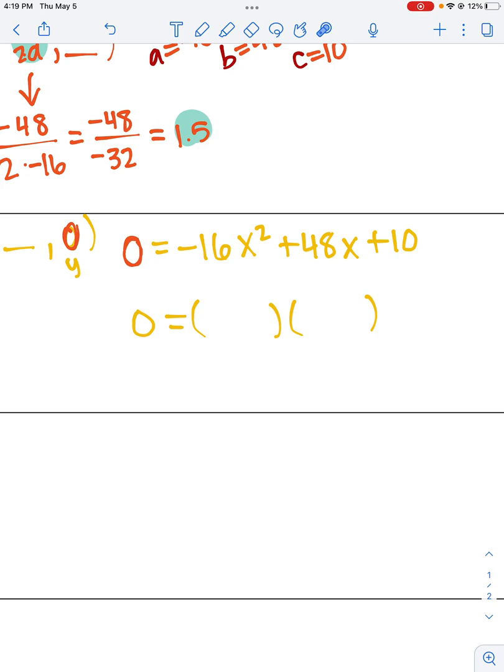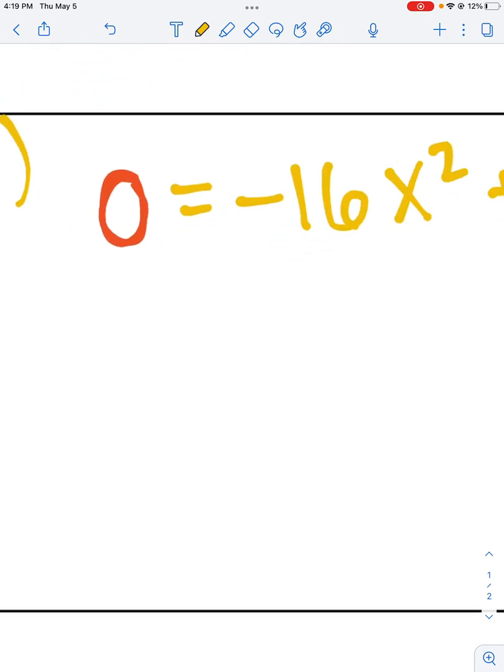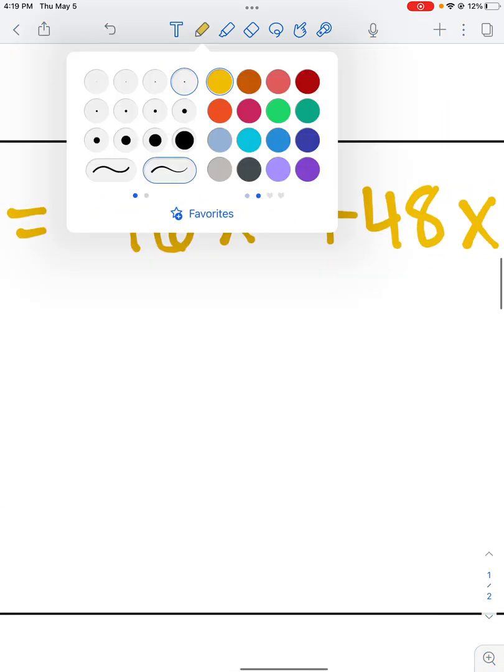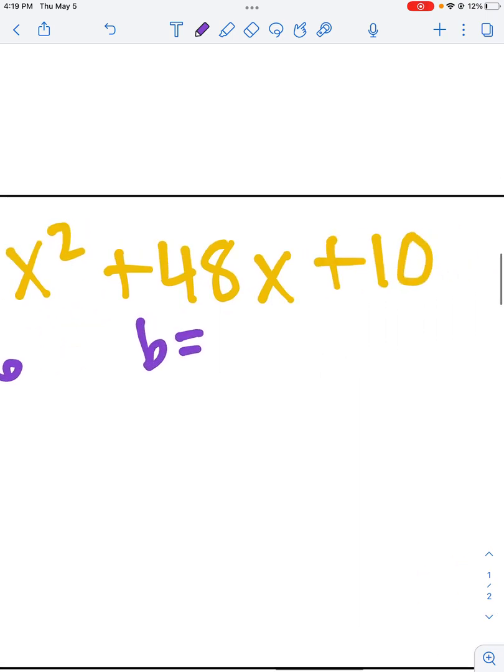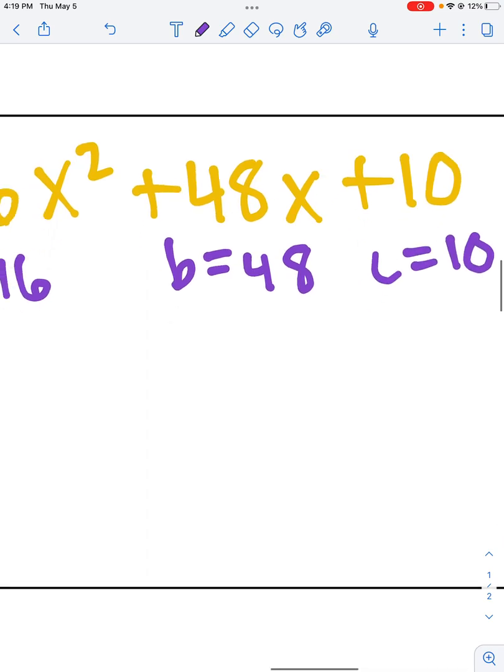If you want to sit and do the box and try to figure that out, go for it. However, if you get stuck and it doesn't factor, you'll have to come back and do the quadratic formula. So you could just start off right off the bat and use the formula. That's what I'm going to do. I'm not going to try and factor it. So my a is -16, b is 48, and c is 10.